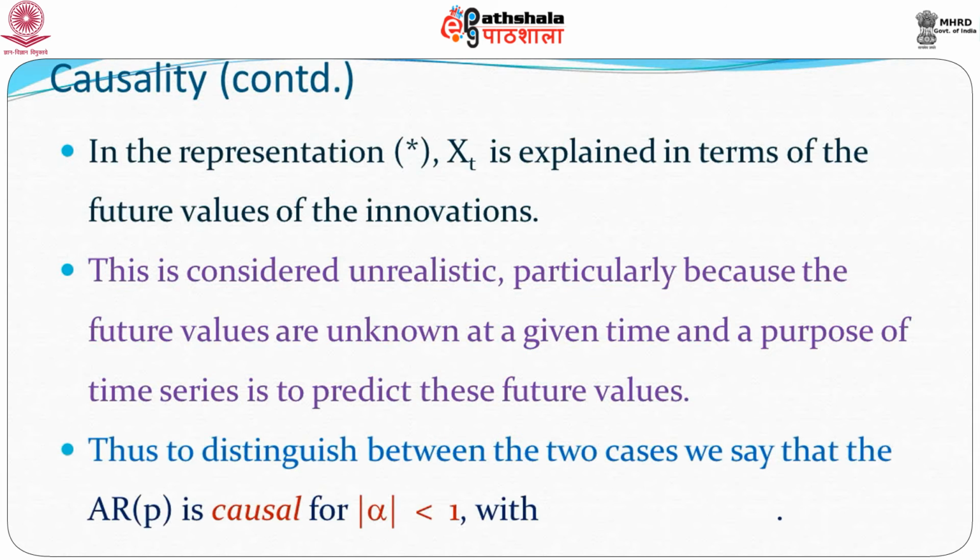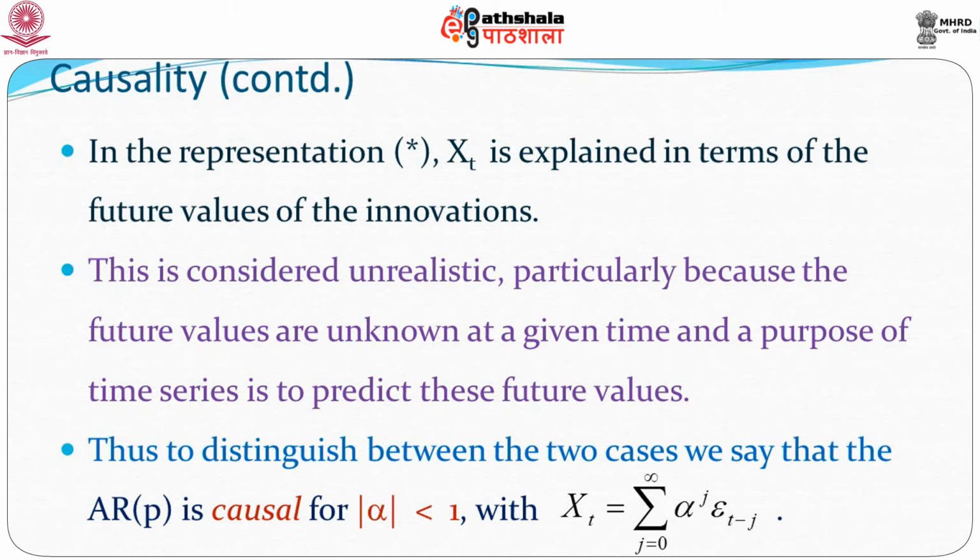Therefore, to distinguish between the two cases, we say that the ARP model is causal for alpha less than 1 with xt equal to summation over j alpha to the power of j epsilon t minus j. Why do you say it is causal? Because it is caused by the past values.